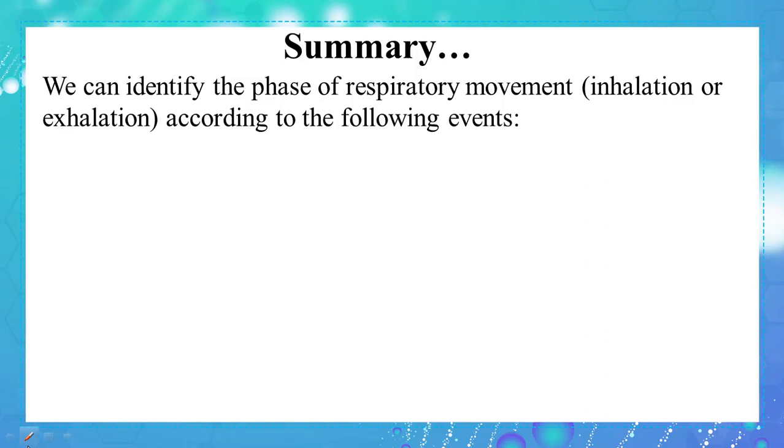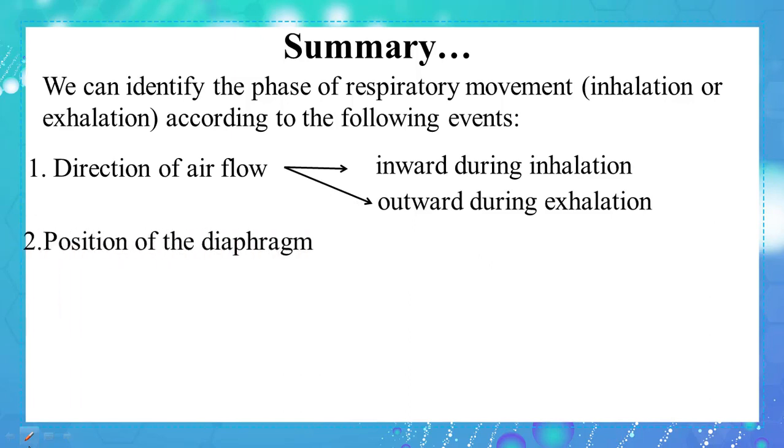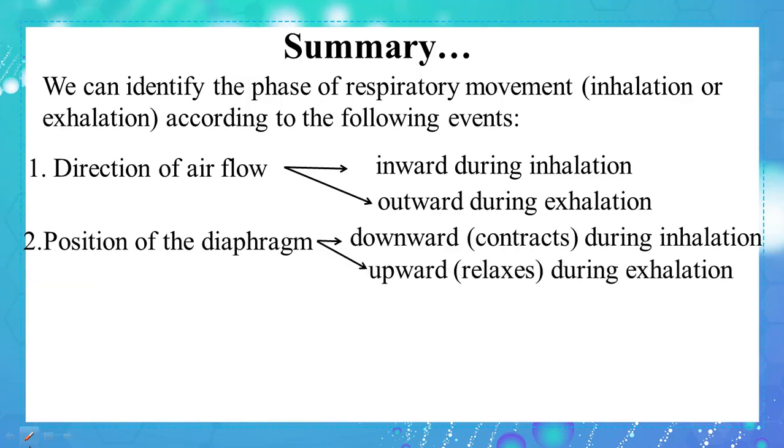Also, we learned how to identify the phase of a respiratory movement, if it is inhalation or exhalation, according to the following events. First, the direction of airflow. It is inward during inhalation. It is outward during exhalation. Second, according to the position of the diaphragm. It moves downward or contracts during inhalation, while it moves upward, relaxes during exhalation.